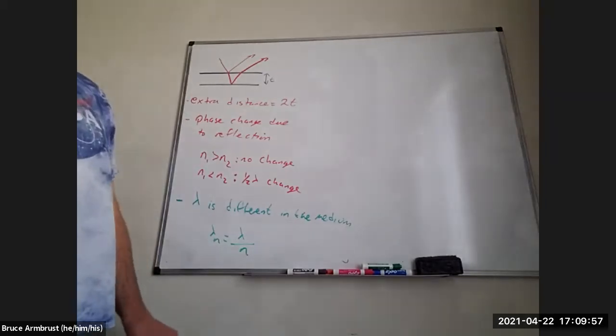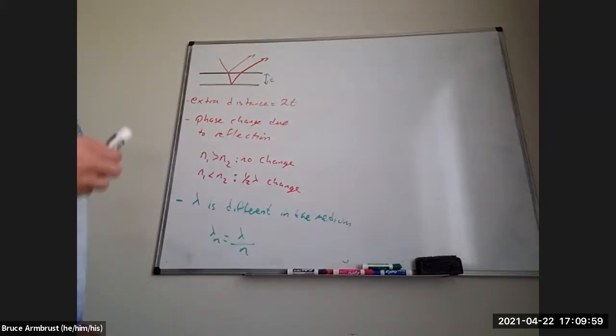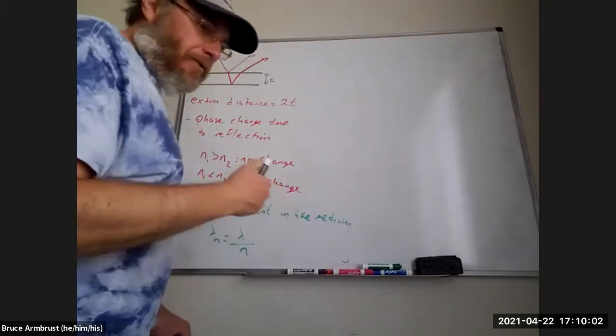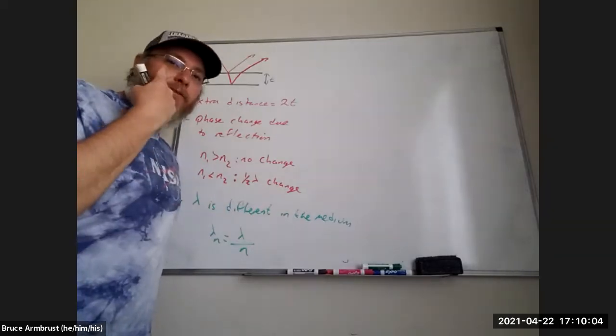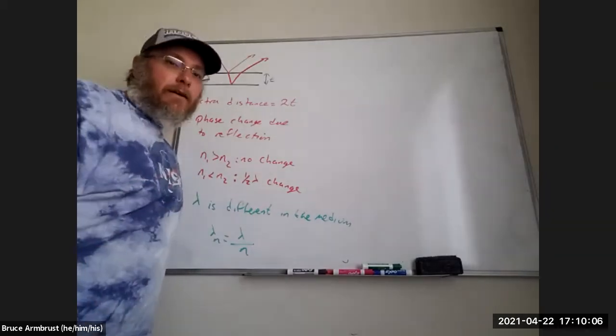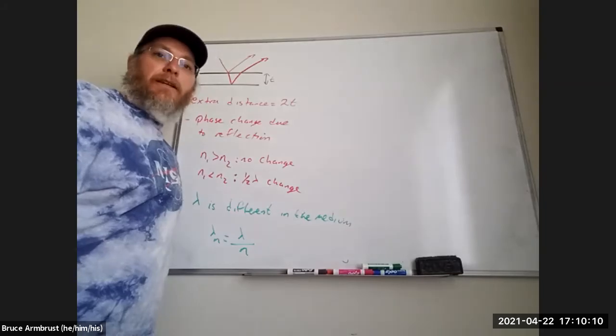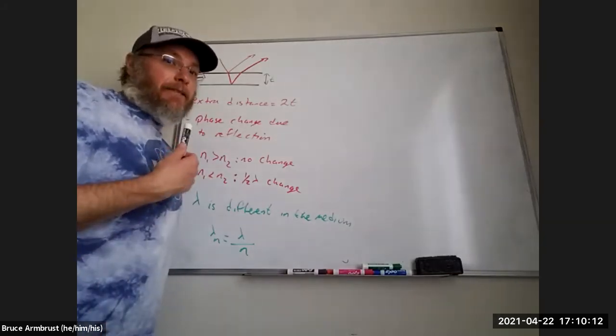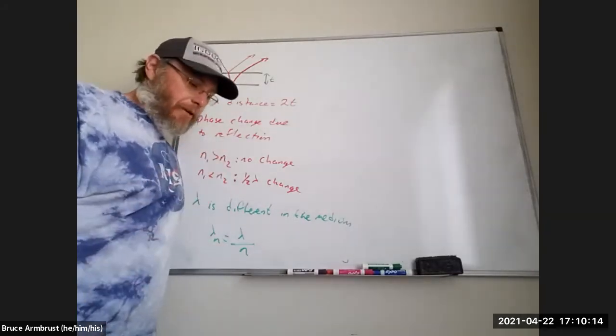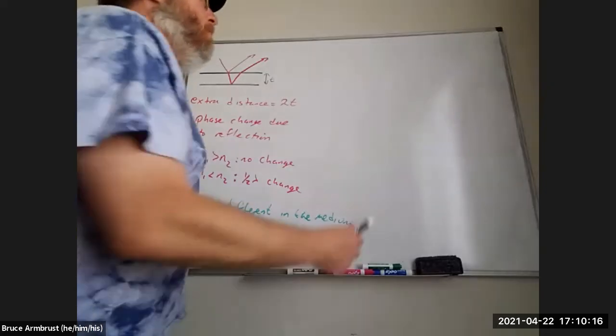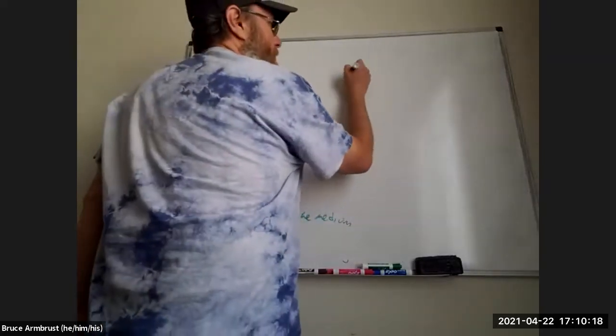All right, so let's do this. Suppose we're going to put an anti-reflective coating on a lens, on a piece of glass. A lot of glasses have them; mine actually have an anti-reflective coating. So here's our situation.